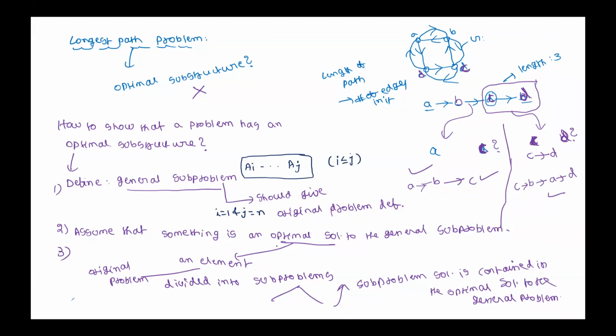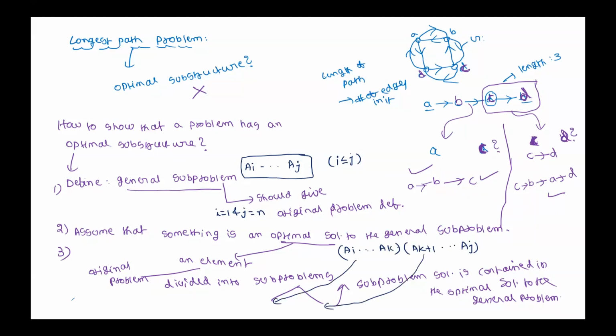Next, assume that something is an optimal solution to the general subproblem. What have we assumed? A_i to A_k, with some parentheses, then A_k+1 to A_j. It is an optimal solution to A_i to A_j. Then how many subproblems have we got? This is one subproblem, this is another subproblem.